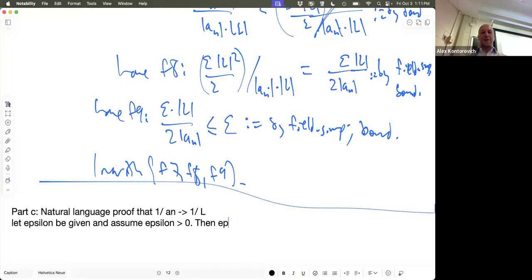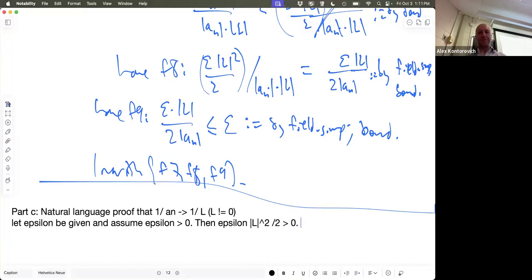Then epsilon times absolute value of L squared over 2 is also positive. No need to justify that, it's obvious. And we know that L is not equal to 0.